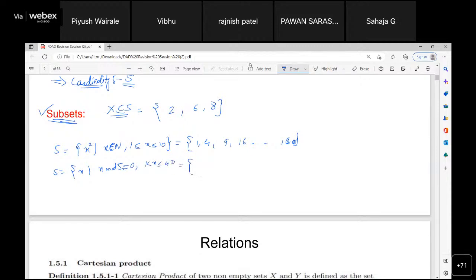Then what will be the set S? x mod 5 equals 0: 5, 10, 15, 20, till 40. Right? Like this.